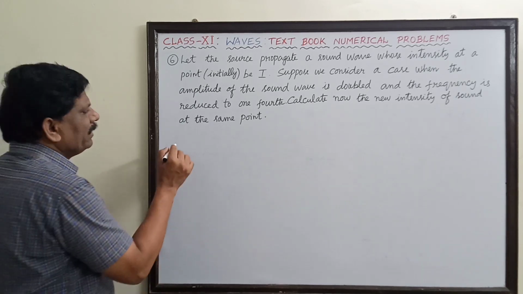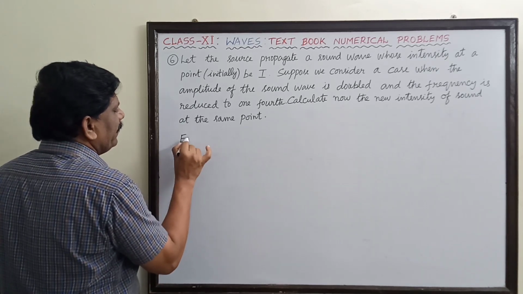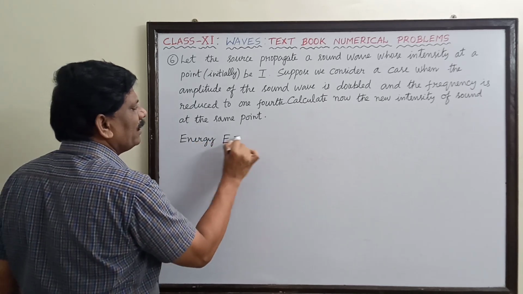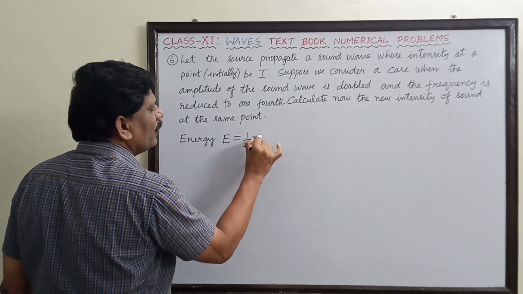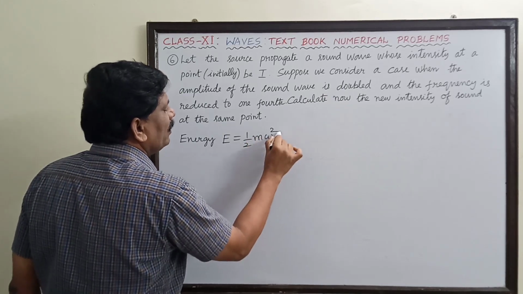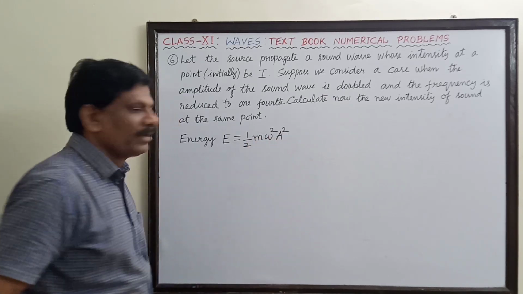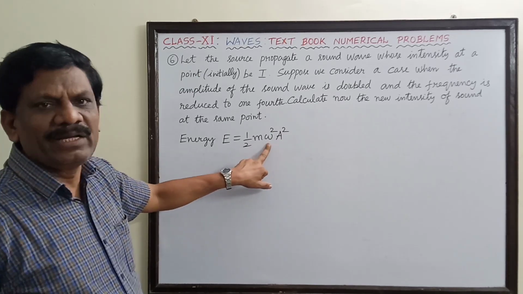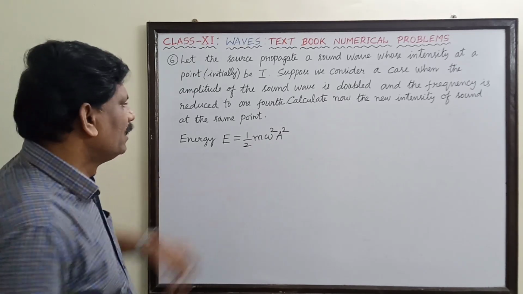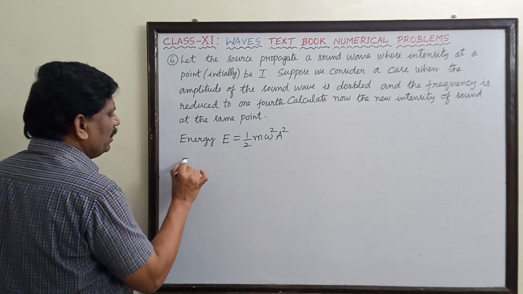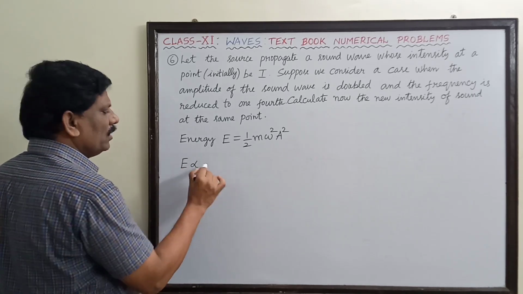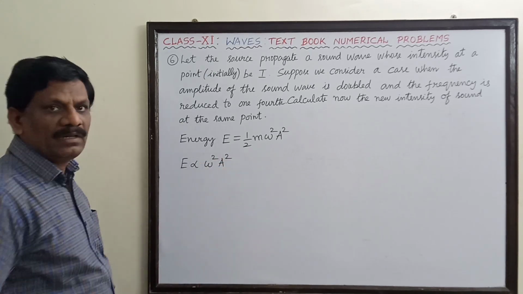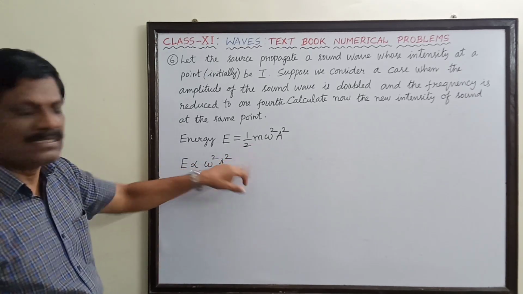Now, the first thing is, we have studied energy in simple harmonic motion. Energy is equal to half m omega square into a square, where a is the amplitude and omega is the angular frequency, is it not? So energy is proportional to omega square into a square. m by 2 is constant.